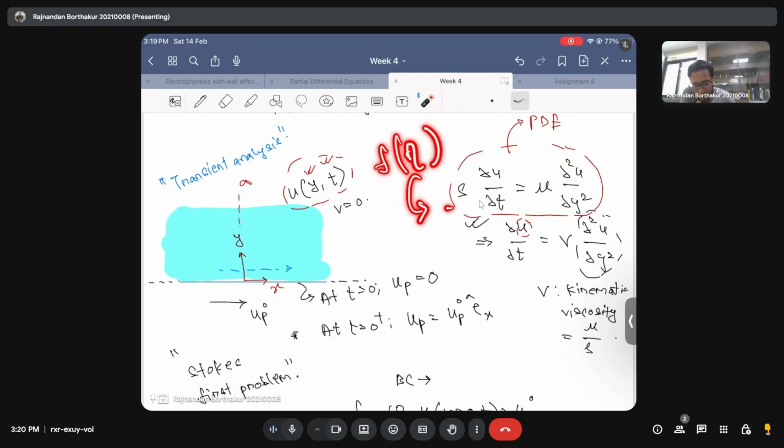But you know that eta is an explicit function of y and t. That is what we use. And as I said, the motivation for using the similarity variable is that you precisely don't have a defined length scale and a defined time scale in this analysis.